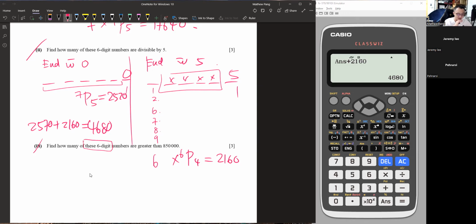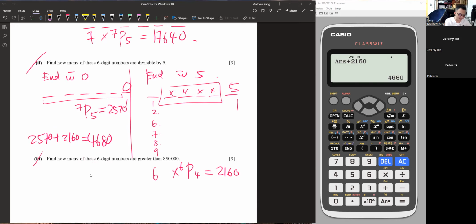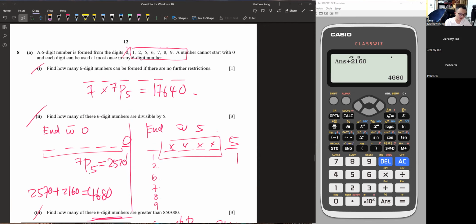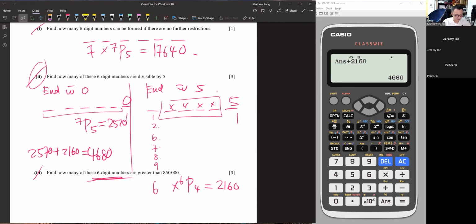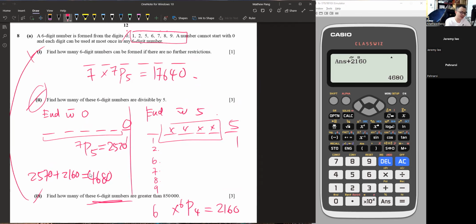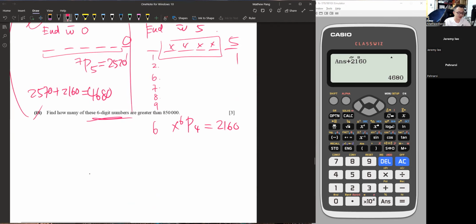All right, so then lastly, how many of these 6 digit numbers are greater than 85,000? I'm thinking, does this mean the above, or does it mean the answer in part B? Maybe it's not related. I think this one links back to the original question.